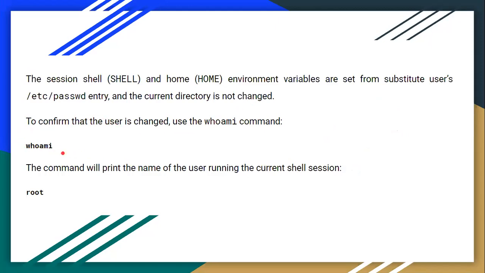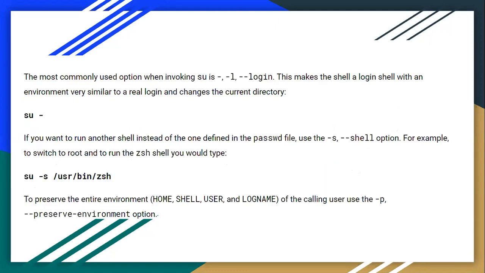Similarly, with whoami you can check the identity, to check the current status. With the su command, if you use the hyphen option without giving the user detail, then you become the root user. For example, if you write su hyphen, the normal user becomes the root user.